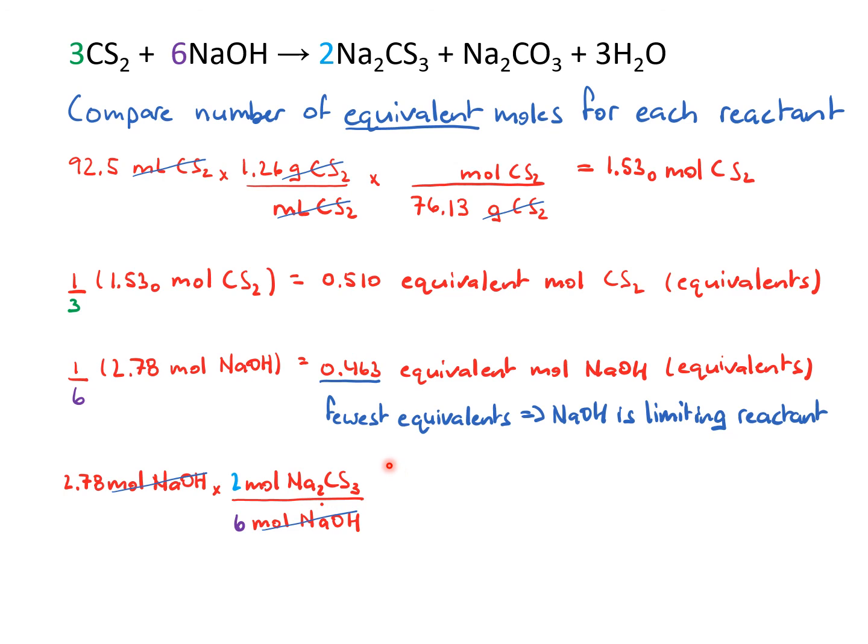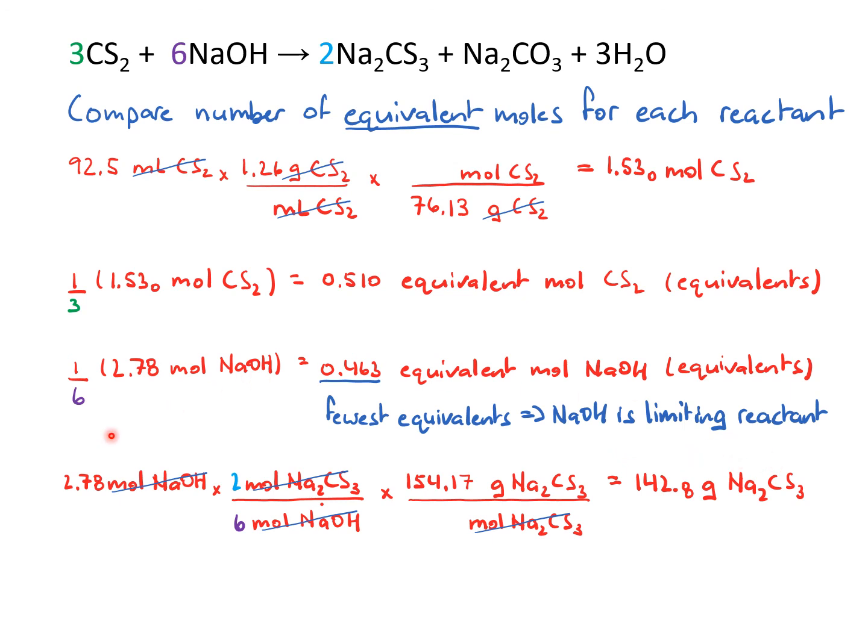Finally, we can convert to mass of Na2CS3 by multiplying by the molar mass, which in this case is 154.17 grams per mole, which allows the moles of Na2CS3 to cancel, leaving us with mass of Na2CS3 in grams, which is the units that we want. Multiplying this out in our calculator gives us 142.8 grams of Na2CS3.